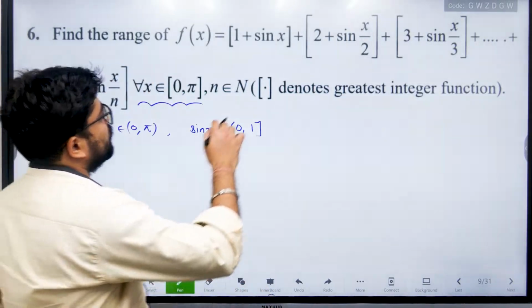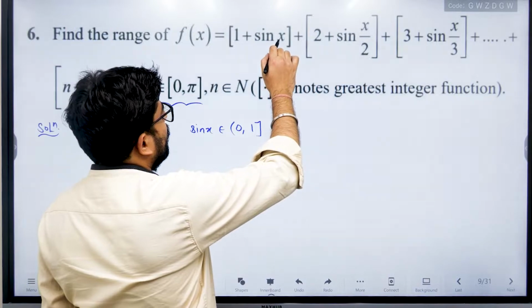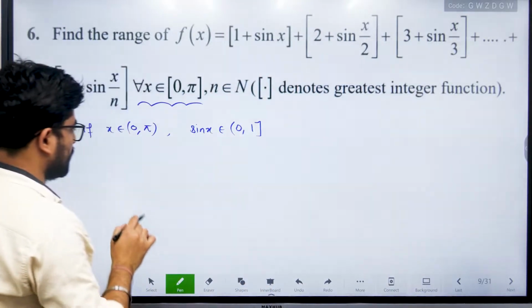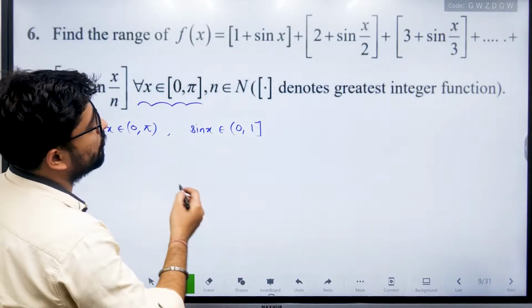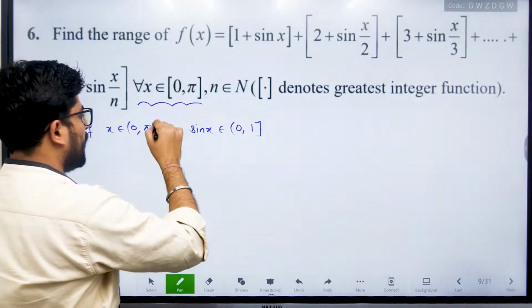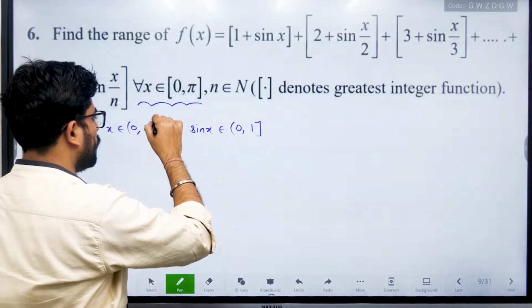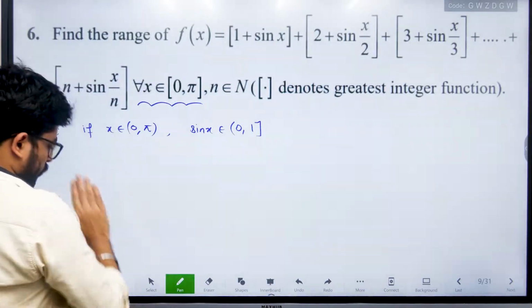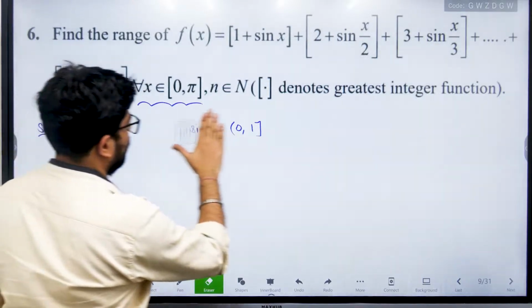But for these values, let's say you remove pi by 2 also.